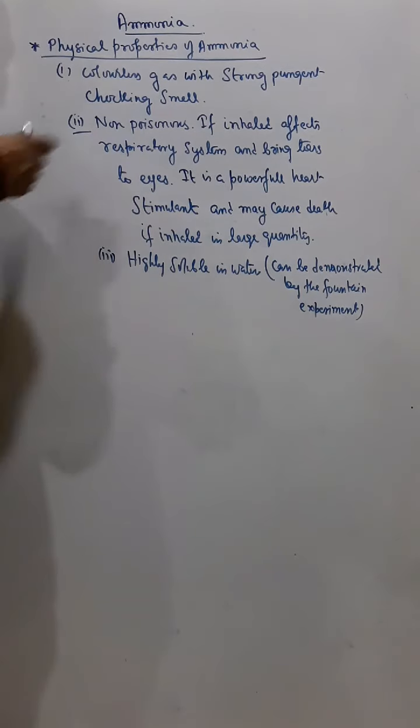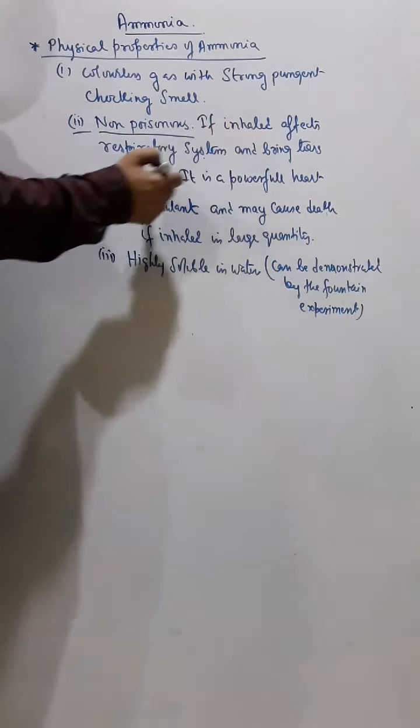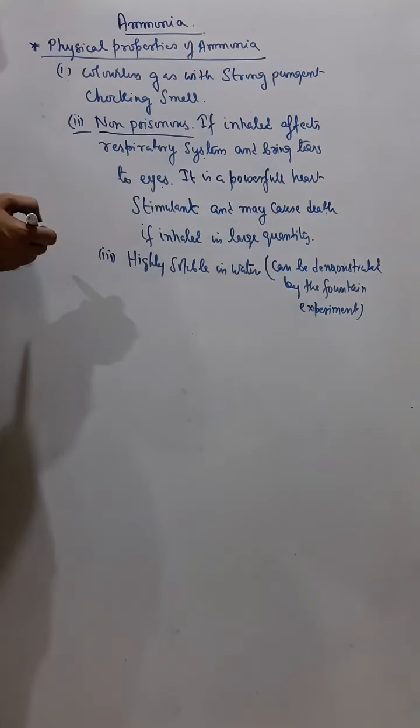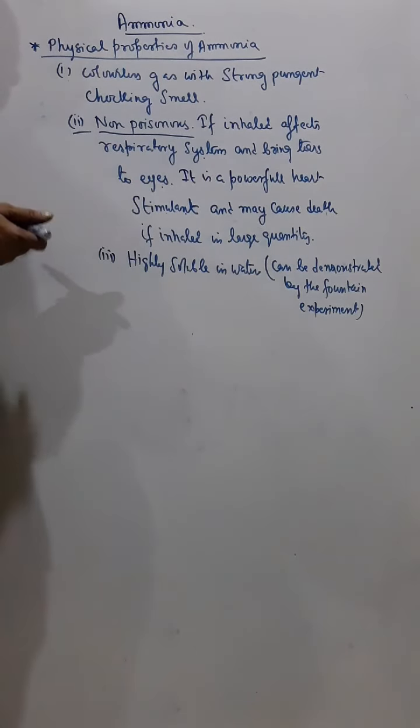Okay, now the physical properties of ammonia. Now it's a colorless gas with a strong pungent choking smell. It's a non-poisonous gas, but if inhaled, it affects the respiratory system and brings tears to the eyes. And it is a powerful heart stimulant. That means the heart becomes active and the heartbeat increases.